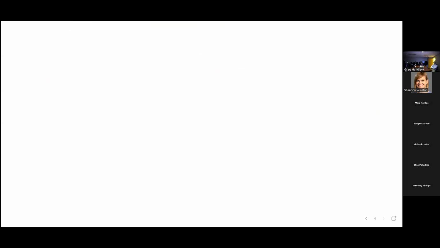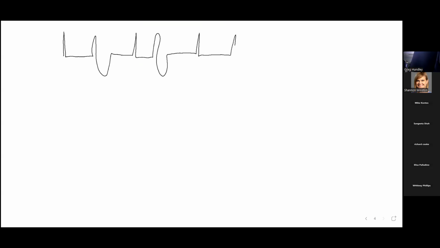So someone said, we've got another irregular rhythm problem here. So here's our QRS. And now all of a sudden, compensatory, non-compensatory pauses. Oh my gosh. And we have PVCs.